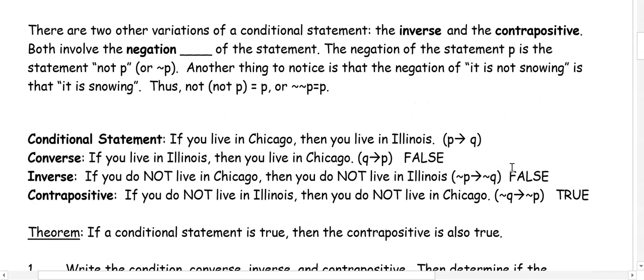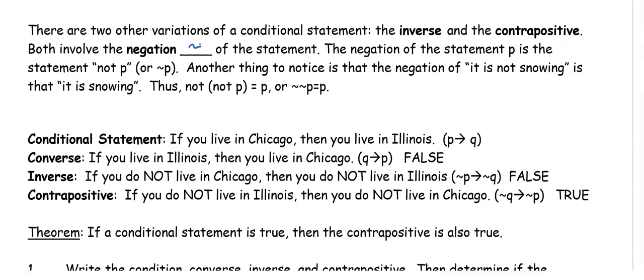There are 2 other variations of conditional statements: the inverse and the contrapositive. Both involve the negation. For negation, we are going to use the tilde symbol to represent the negation of a statement.